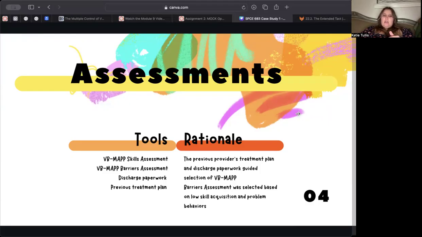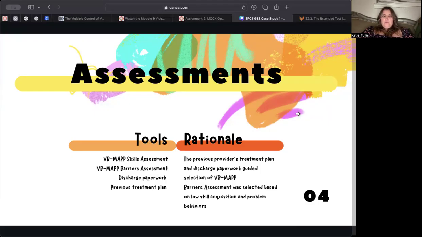And then we actually performed our own VB-MAP skills assessment and barriers assessment to assess where he is and see how that compares to the targets that they were working on.